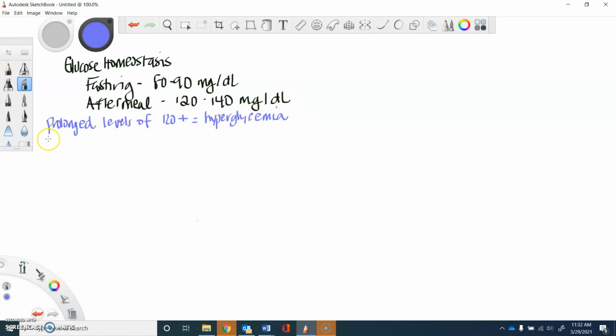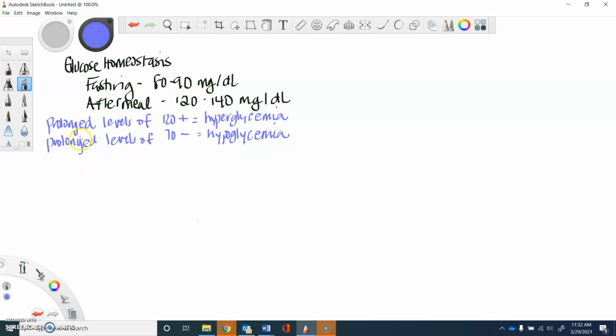So prolonged levels of less than 70 or 70 or less is hypoglycemia. And both of these have problems or issues.